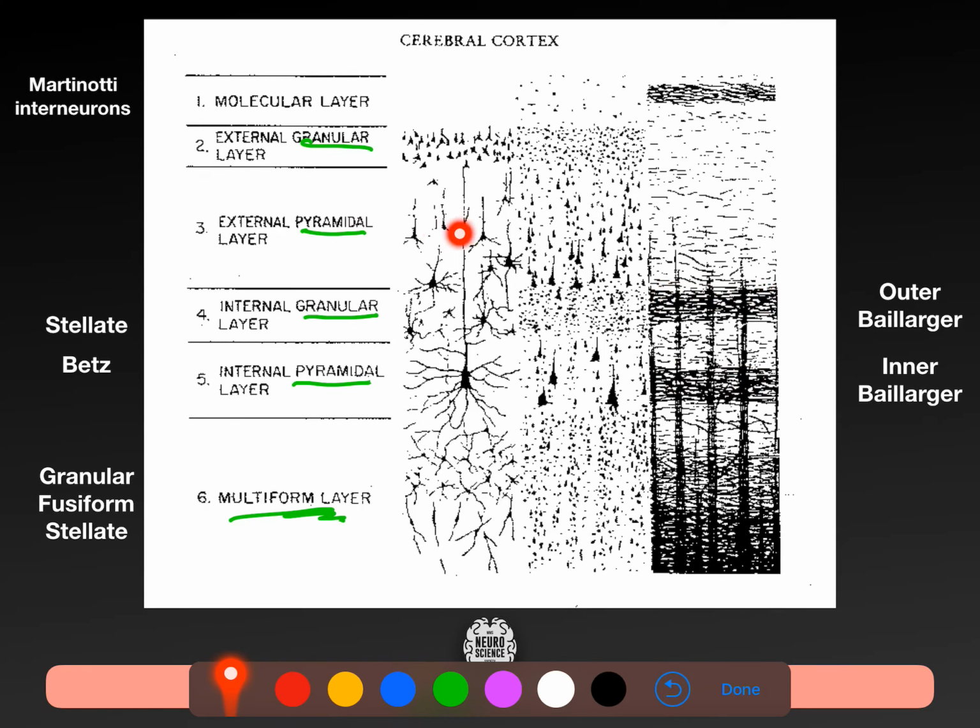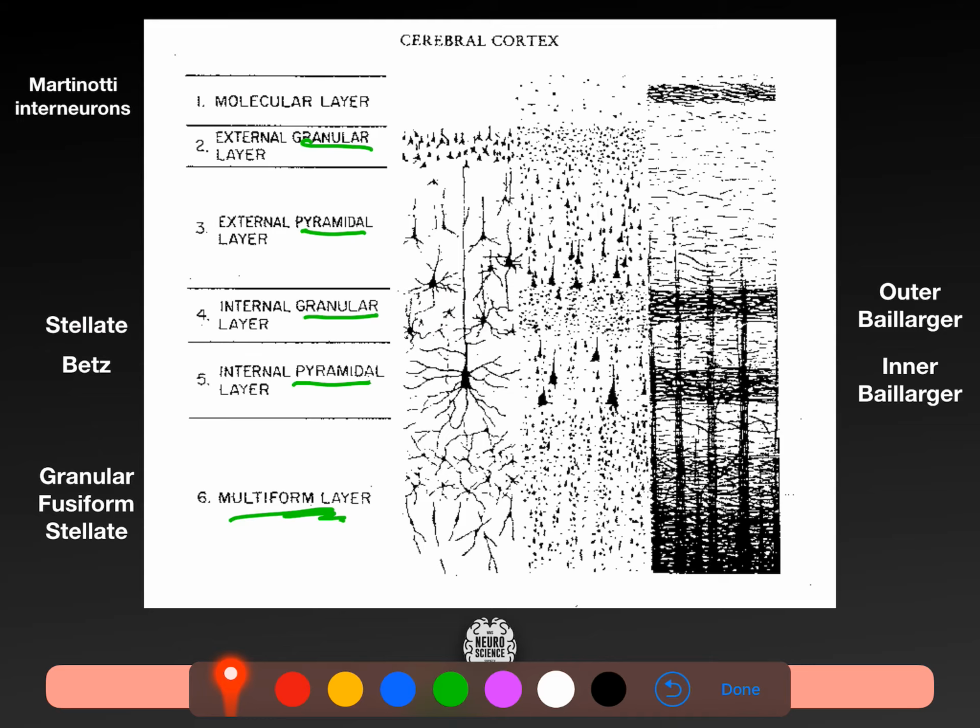The external pyramidal layer has a few more pyramidal cells, but not extending wide enough to give us a 3rd band. The external granular layer the same. So, Betz cells, which are giant pyramidal cells, are mostly seen in the internal pyramidal layer, and stellate cells, which we'll come across when we do the cerebellum, are seen in this internal granular layer. You don't need to take much from this.